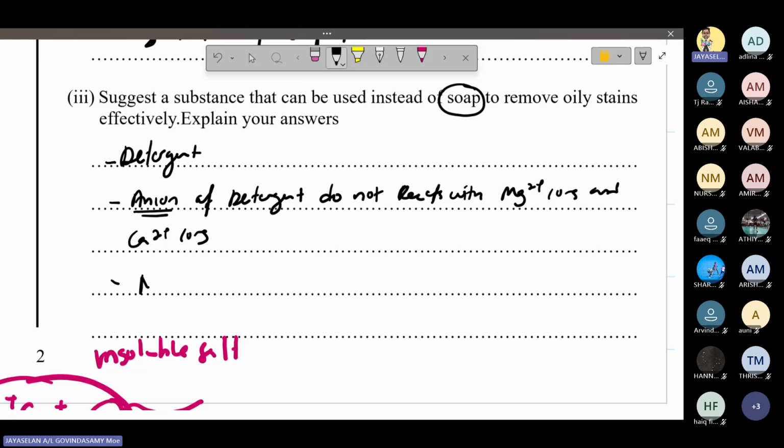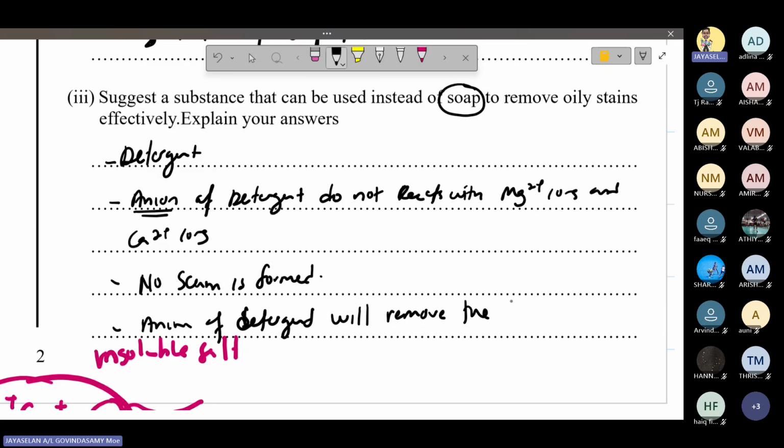Then no scum is formed, another mark. Thus the anion of detergent will remove the dirt or grease effectively. You already score 1 mark.